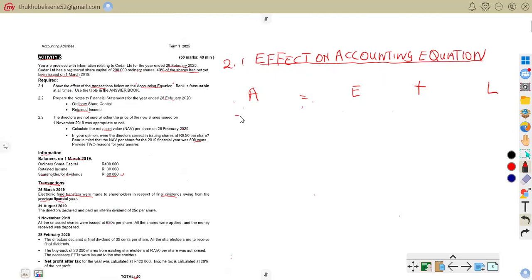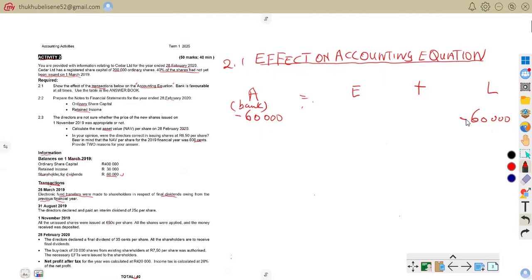We are going to have minus 60,000, because now we are going to pay our liabilities, as we are going to pay our shareholders. So our assets are going to be affected. We are going to take money out of our bank to pay our liabilities, which is 60,000.